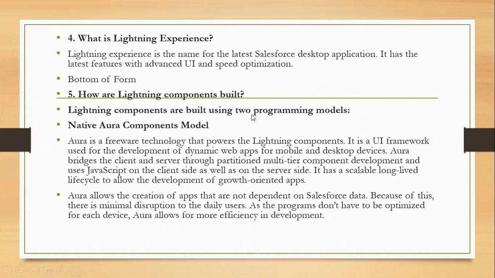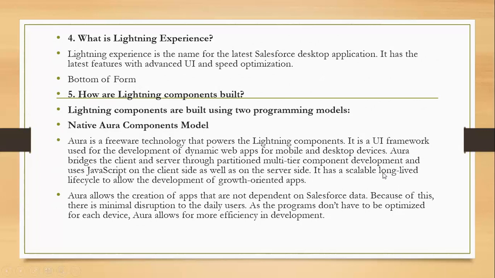Next question: how are the components built? Lightning components are built using two programming models, native Aura components model and Lightning Web Components. Aura is a framework technology that empowers Lightning components. It is a UI framework used for the development of dynamic web apps for mobile and desktop devices. Aura bridges the client and the server through partitioned multi-tier component development and uses JavaScript on the client side as well as the server side.